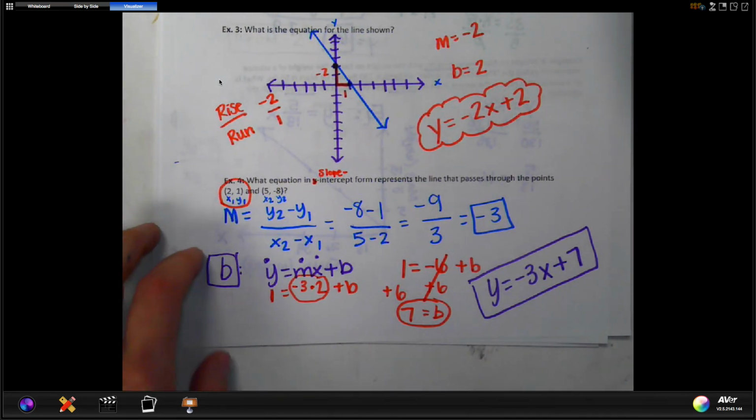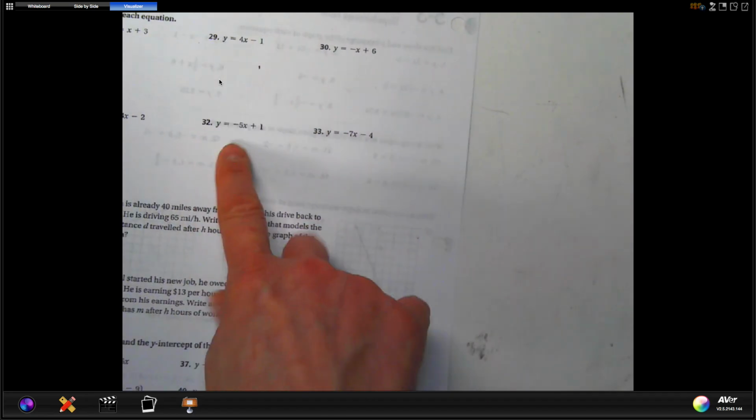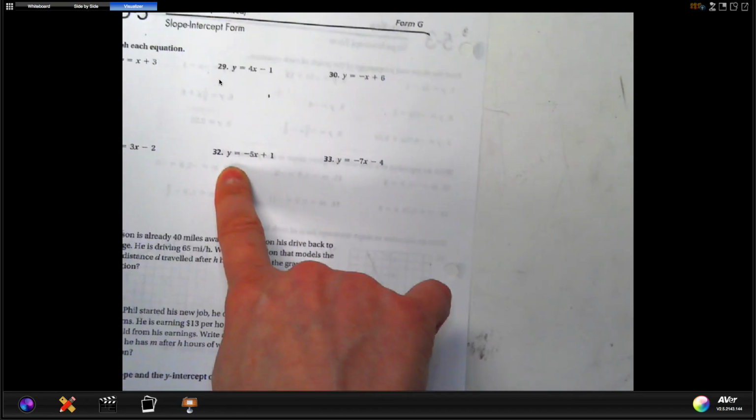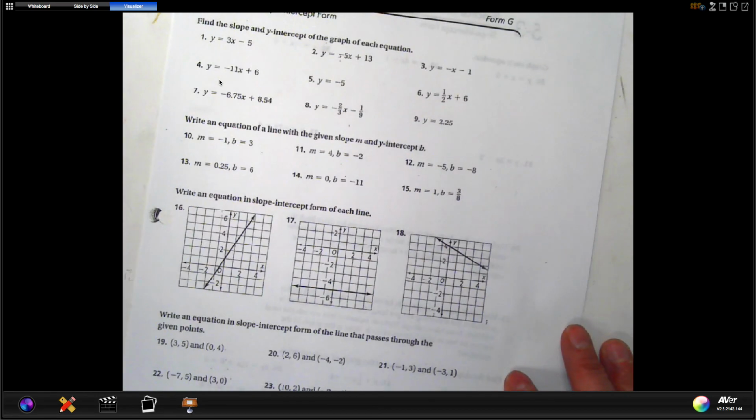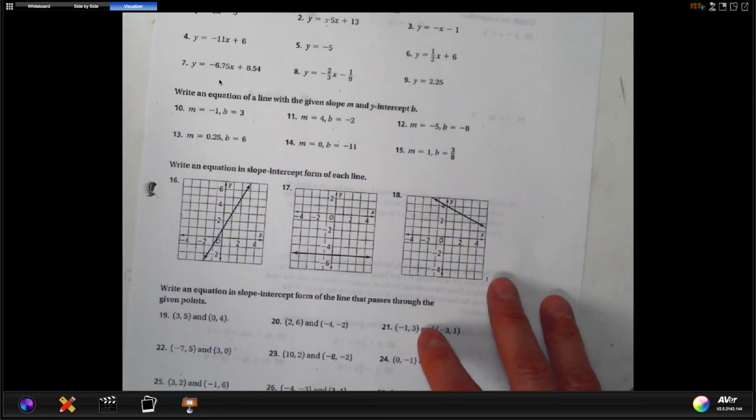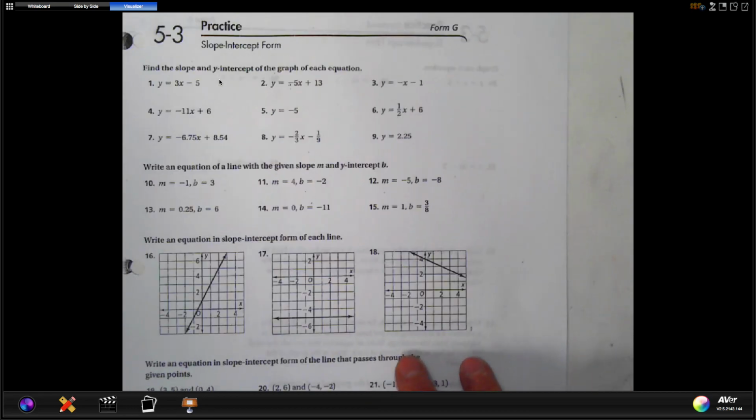And just to make sure people know at home, we are going to do the even numbers through 32 today, okay? Evens, okay? The even numbers through 32. And it's not really as much as it appears to be, okay?